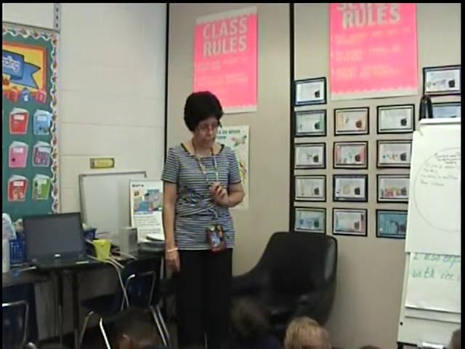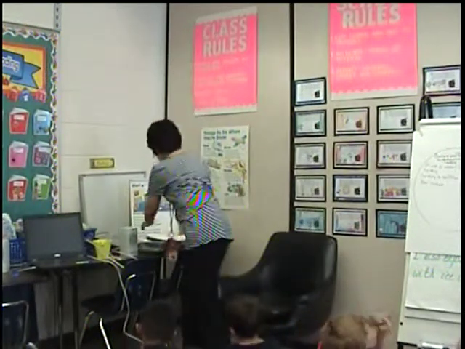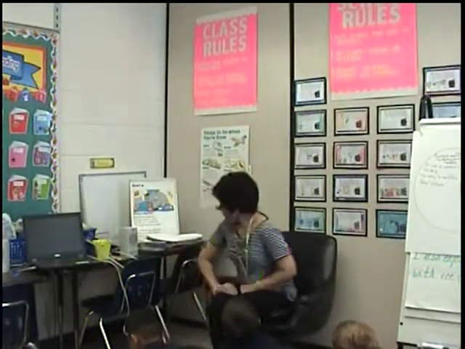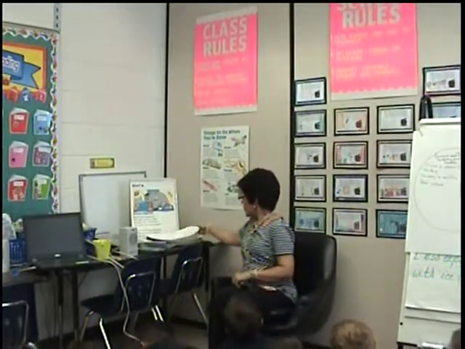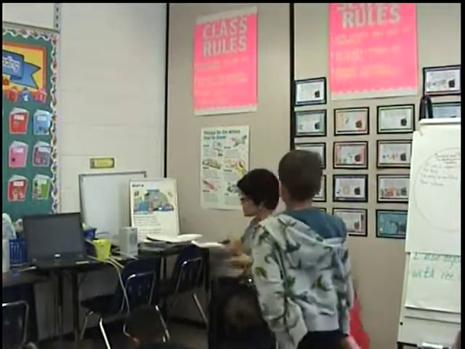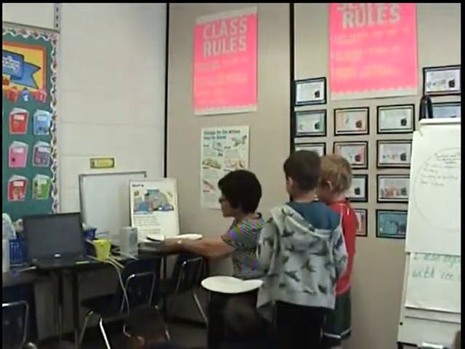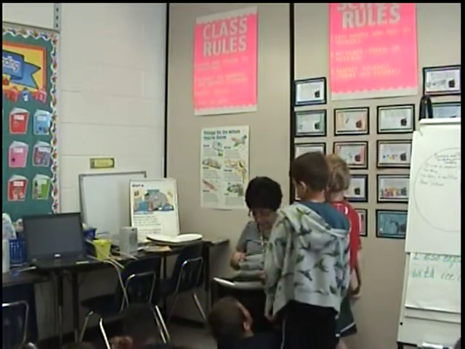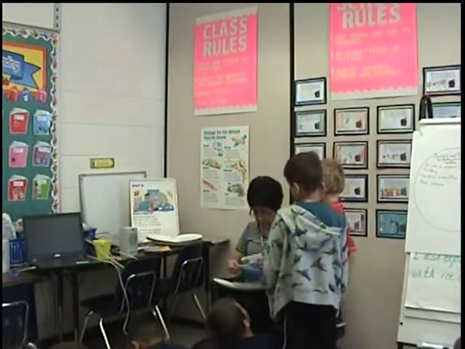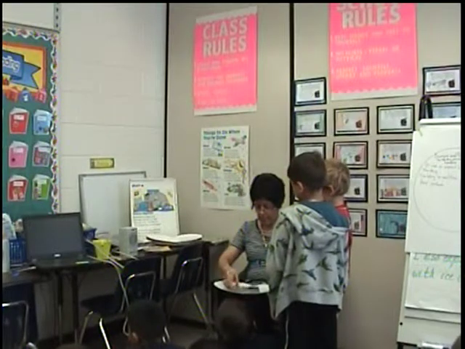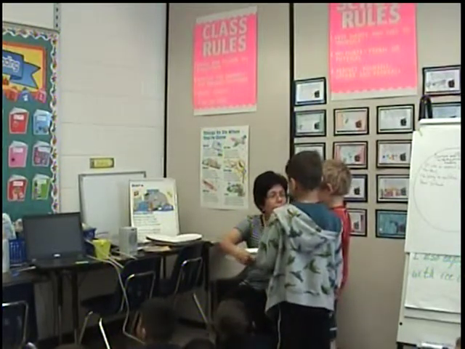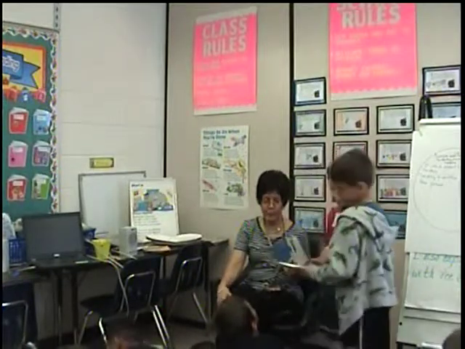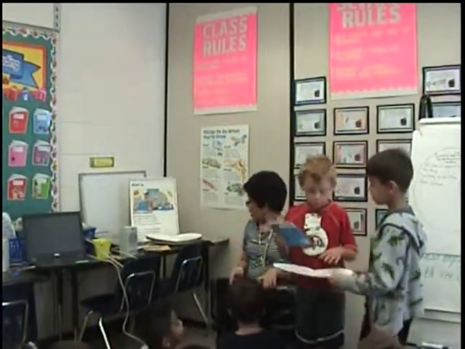Are we clear? Perfect. Okay. Cole, come here with your table partner. Perfect. And you are going to work with these two books. Okay? You can quietly move to your desk and start working. Thank you.